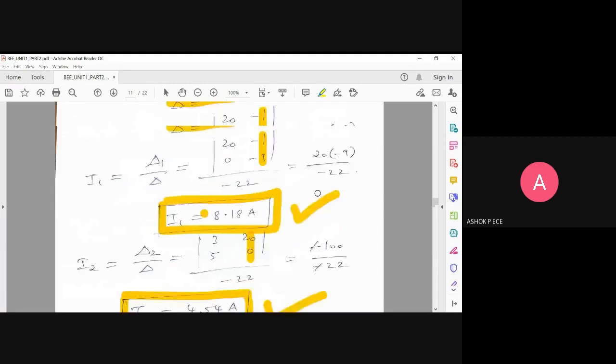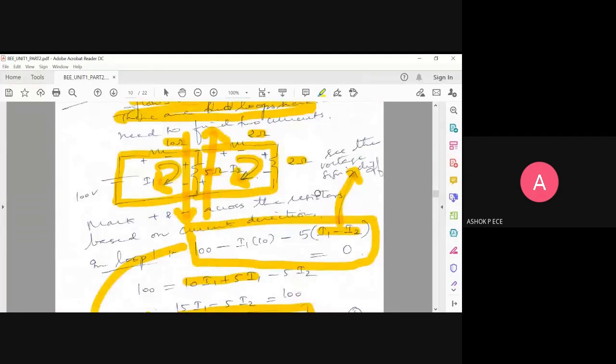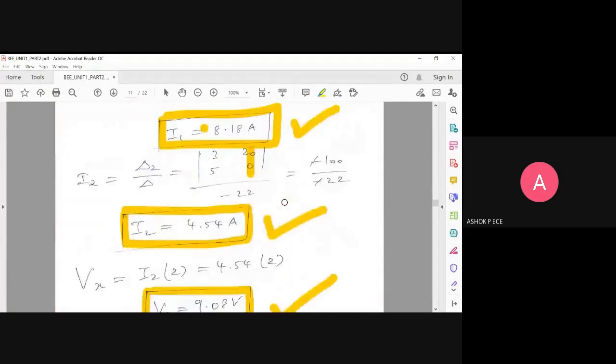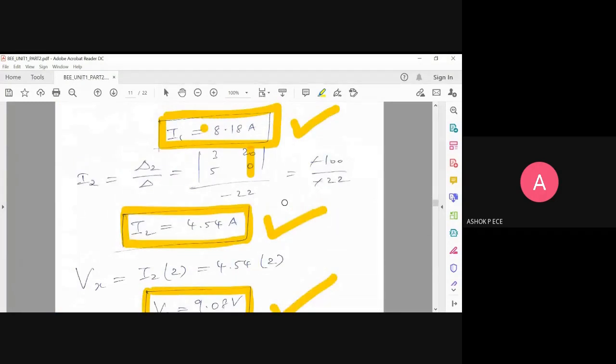In case they ask in the question, find the current flowing through the 5 ohm resistor, what will be your answer? We are actually finding Vx, so that answer is over. But for the 5 ohm resistor: I1 minus I2 or I2 minus I1?